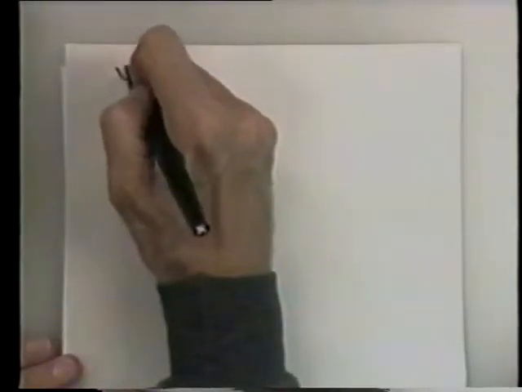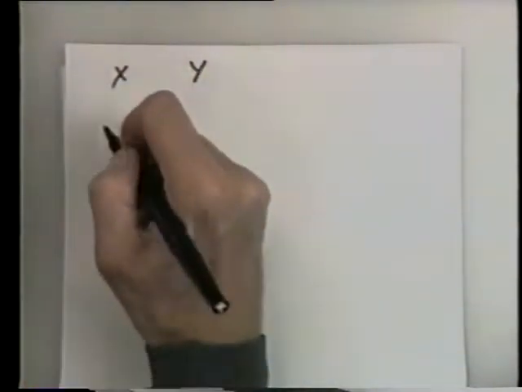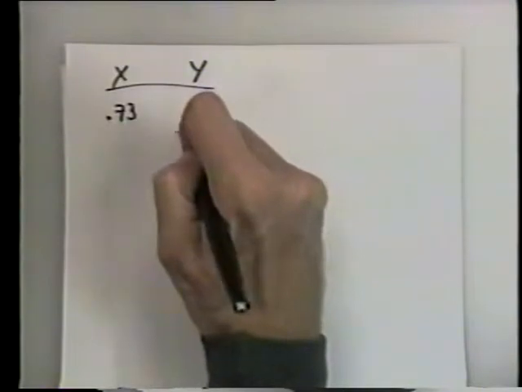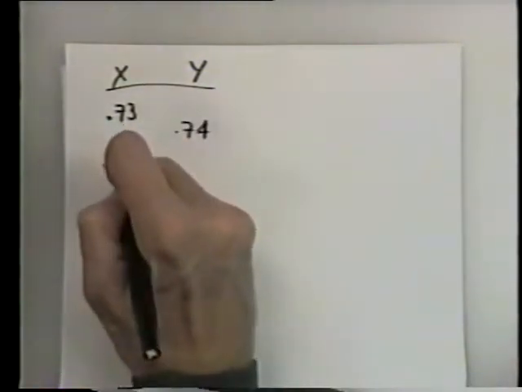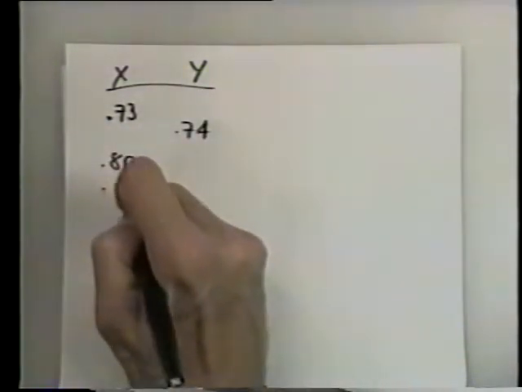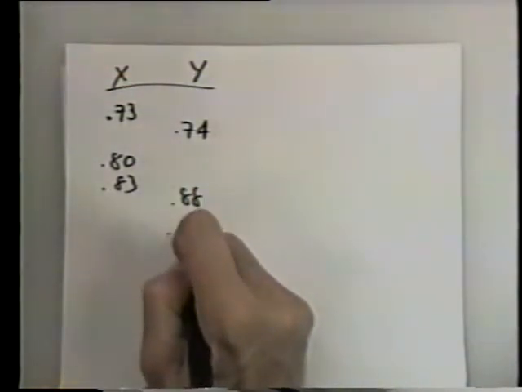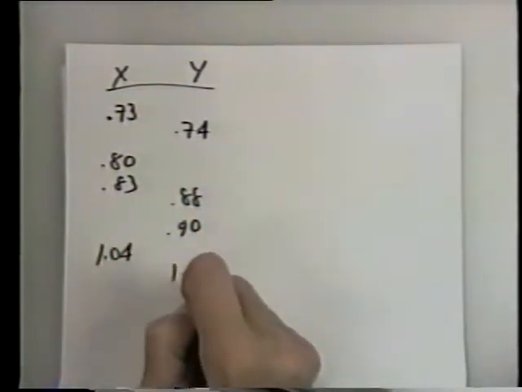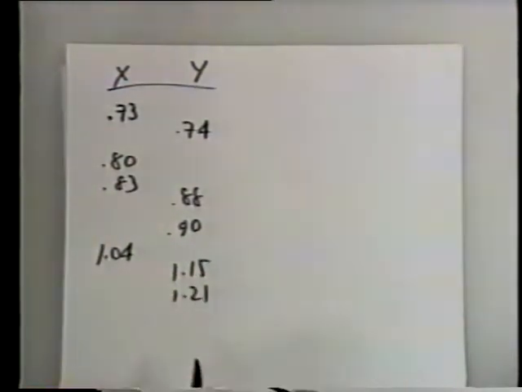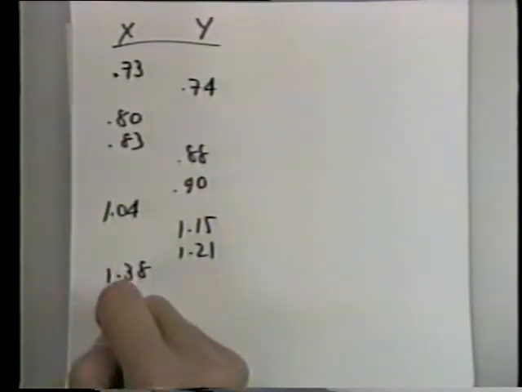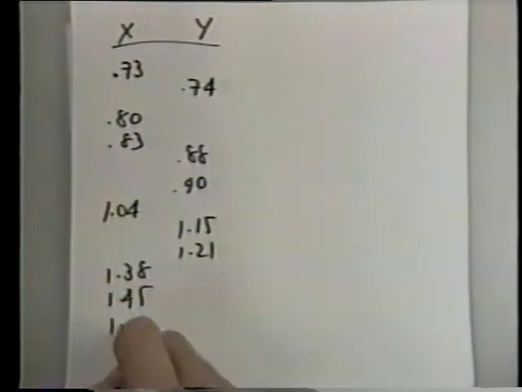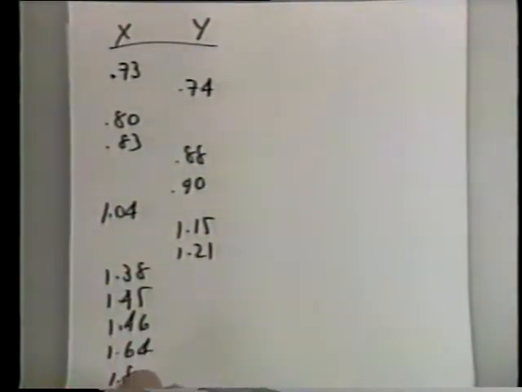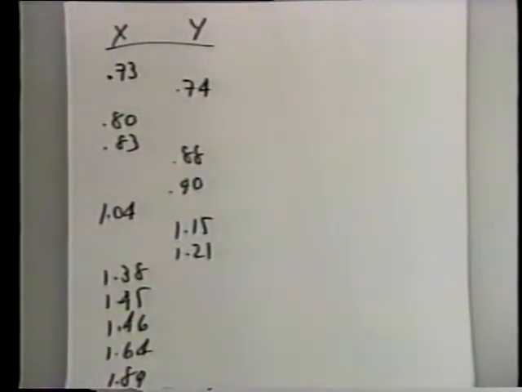I'm going to call this x and y, and if I place them in order, it's 0.73, then the next one is 0.74, next one is 0.8, 0.83, 0.88, 0.90, 1.04, 1.15, 1.21, 1.38, 1.45, 1.46, 1.64, 1.89, 1.91.